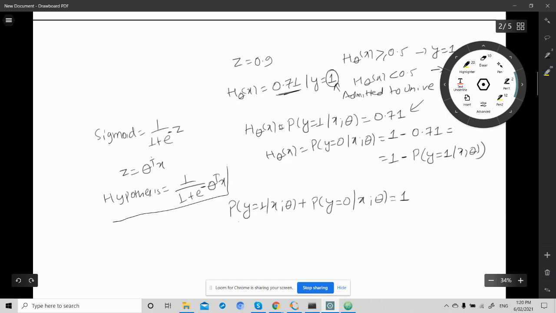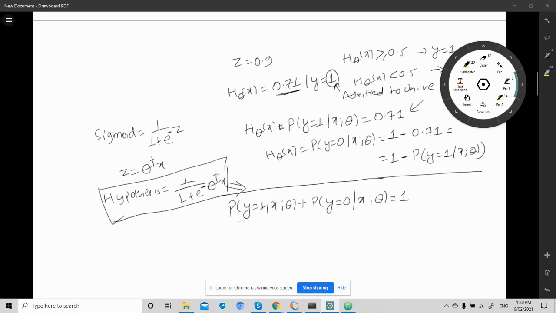So let's implement this equation. Also keep in mind, regarding this equation, we will be implementing the cost function based on this equation. So for now we will write a hypothesis equation that calculates given parameter theta and x. We will calculate this hypothesis.